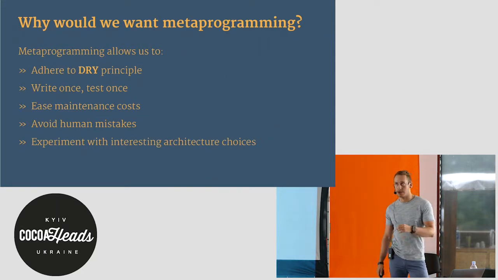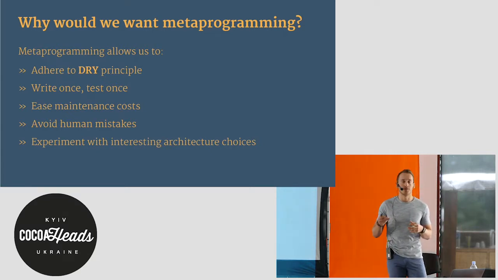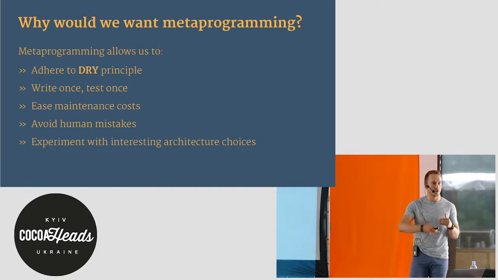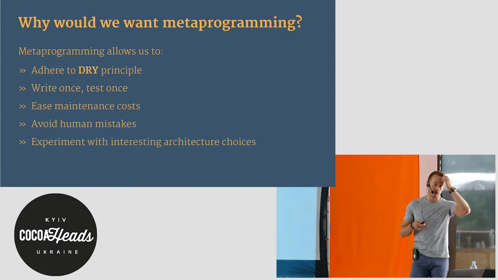And what's interesting for me is when you have metaprogramming, you can experiment with different architecture choices, because oftentimes you have things that are simple. There are simple concepts, but they are not easy to do because they require a lot of extra work. Let's say you come up with an architecture pattern. Like recently, the iOS newsletters had a talk about typed identifiers.